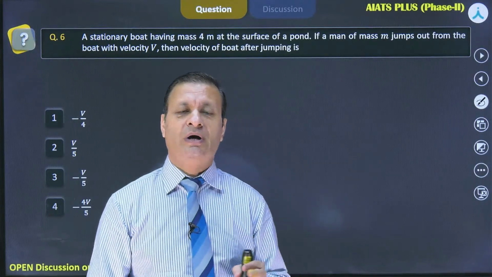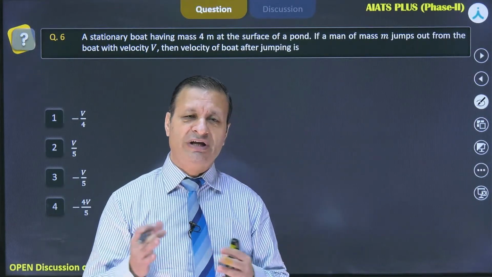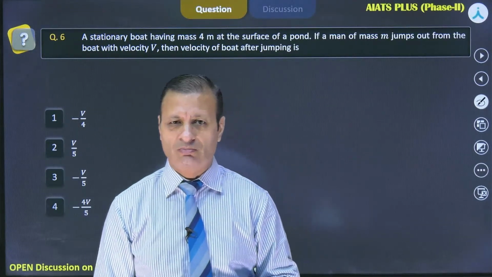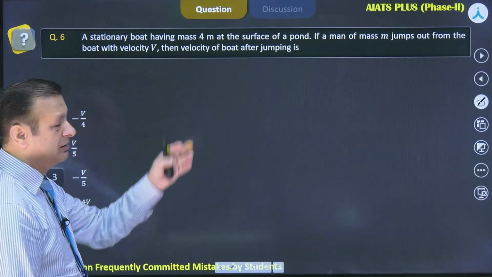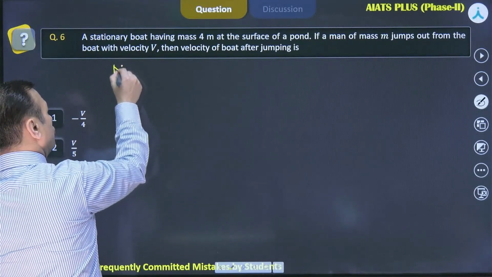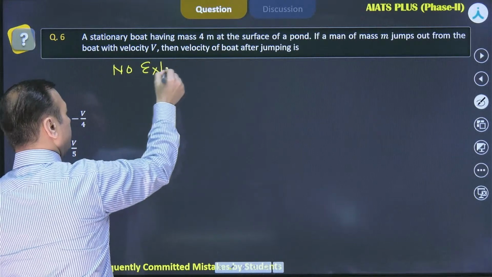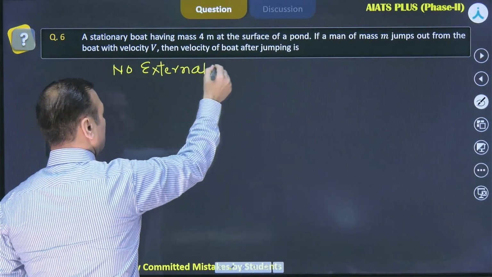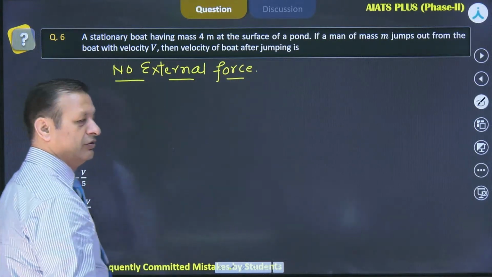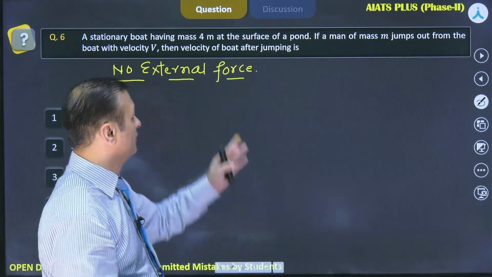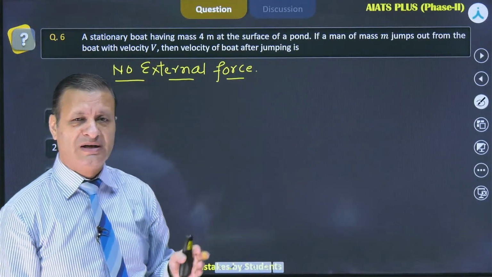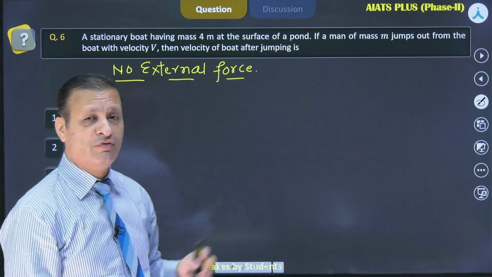Now first we need to understand, we need to shortlist from which area or which concept is involved in such kind of numerical problems. As the problem clearly suggests, there is no external force acting on the system. When I am saying system, it involves your boat that is of mass 4m and a man on the boat that is of mass m. So there is no external force involved.